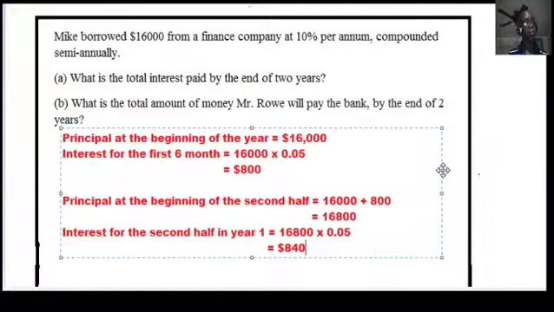Here, you have a new principal for the second half of the year. Interest for the second half in year 1 equals 16,800 times 0.05. This equals $840.